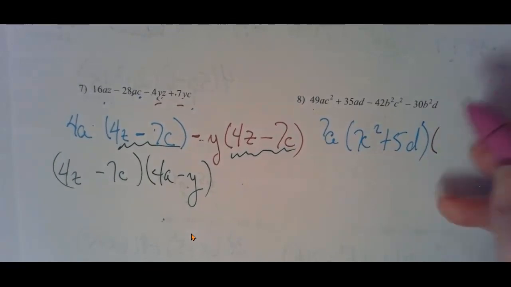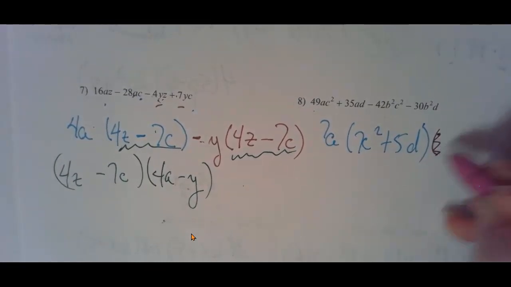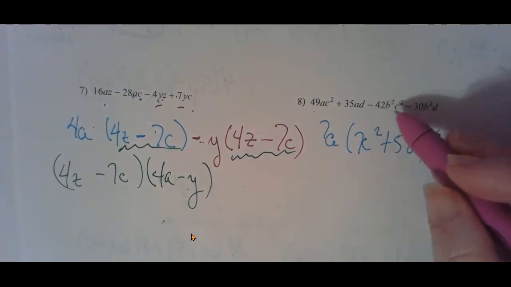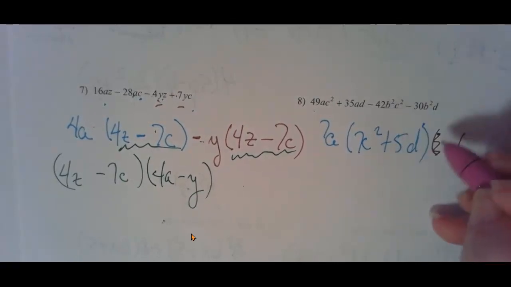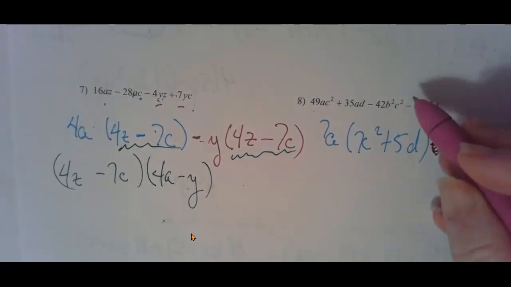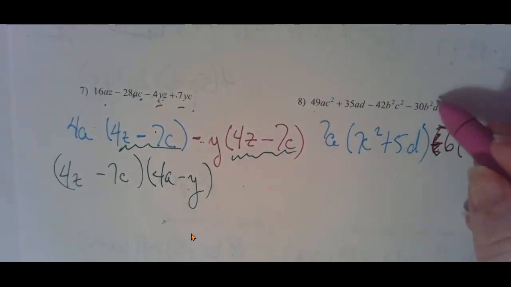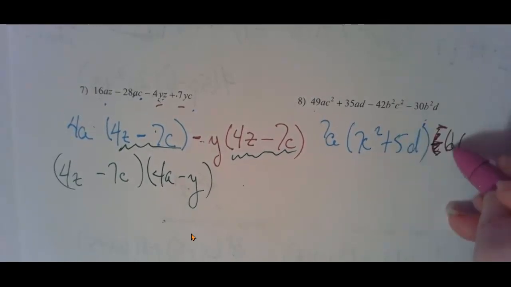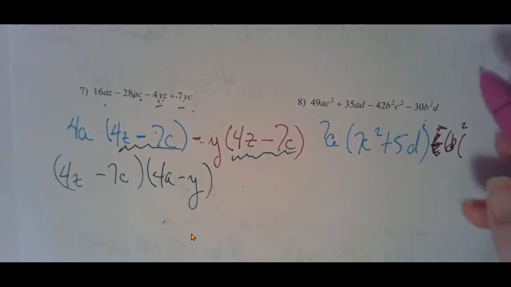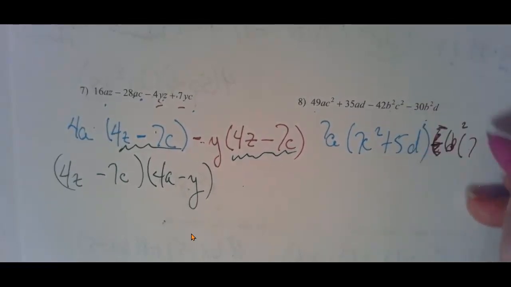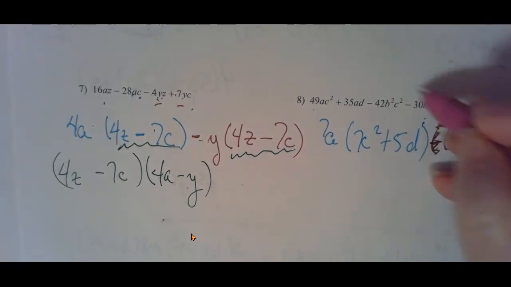Times, I'll give myself a little space here. I need to have a 7 on the inside, so I'm going to factor out -6 here. And I need that C squared to stay in, so I'm going to see if both of them have a B squared. Both of them do. So -6B squared is going to come out. What that's going to leave me with is 7C squared.